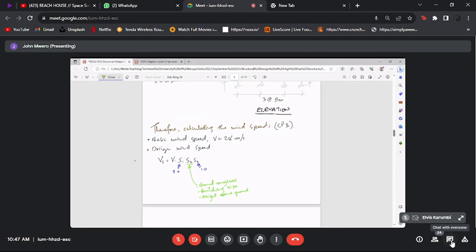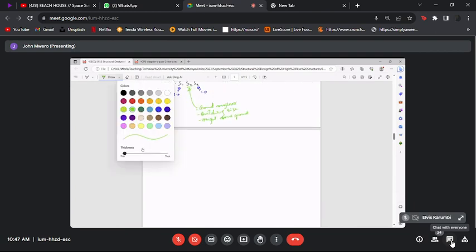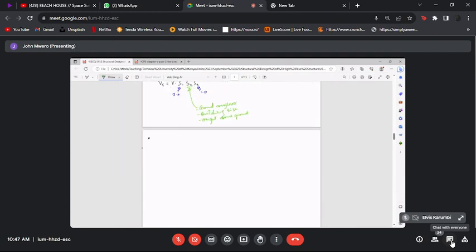Let's write it here as well. Pressure due to wind is denoted Q.